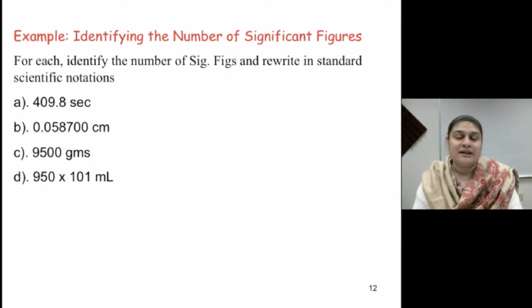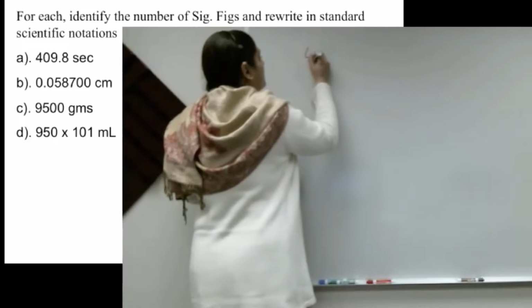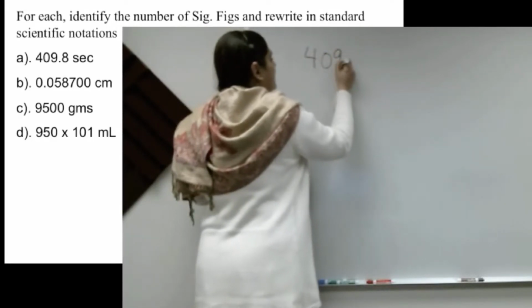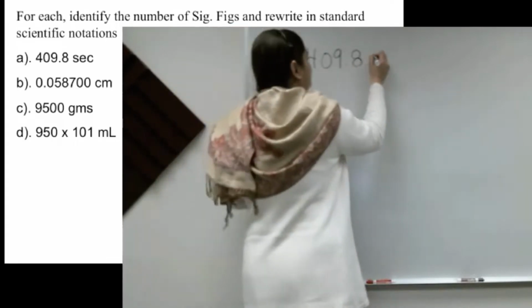So now let's try to do an example. Identify the number of significant figures for each, and rewrite in standard scientific notation. So we'll go down the line and we'll do each one individually. In the first one, it says 409.8 seconds.